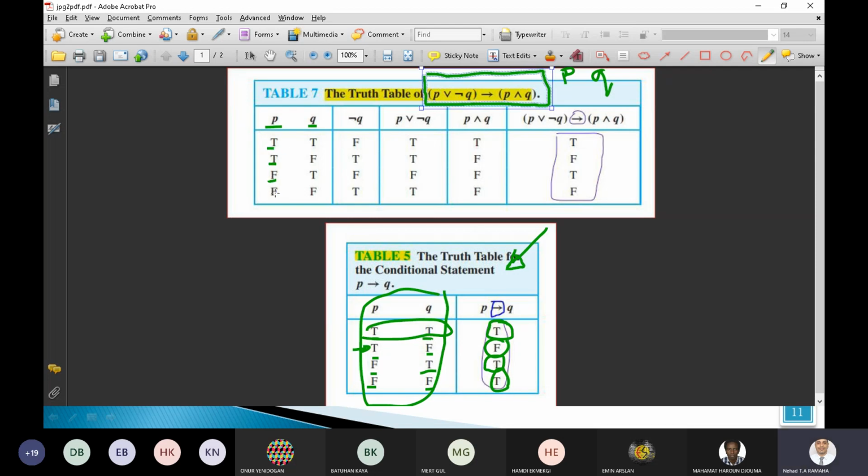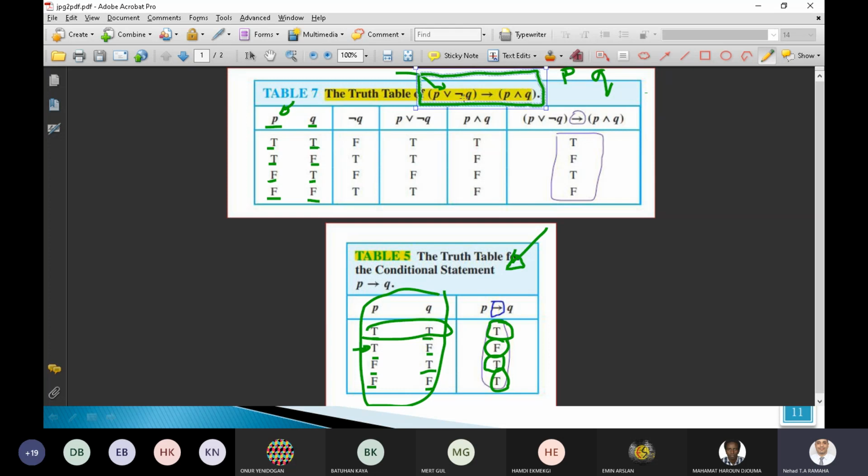True, true, false, false, true, false, true, false. Then I start with each one. Here I need P, which is here. And I have here the operation or, and I need not Q, this one.